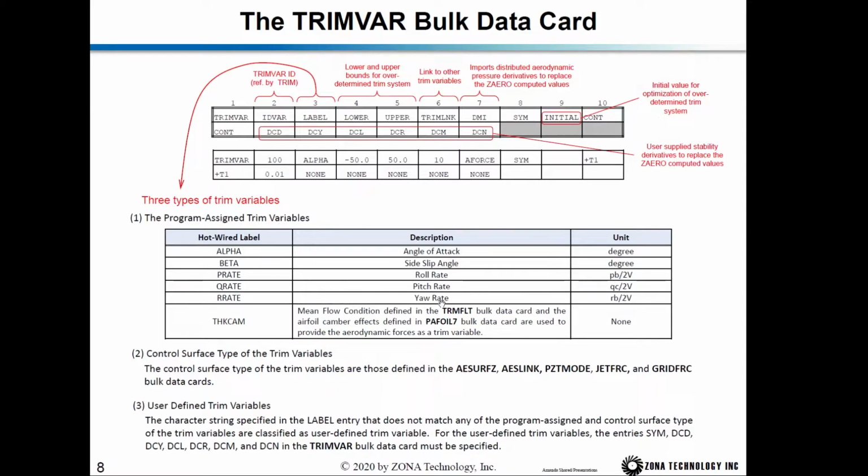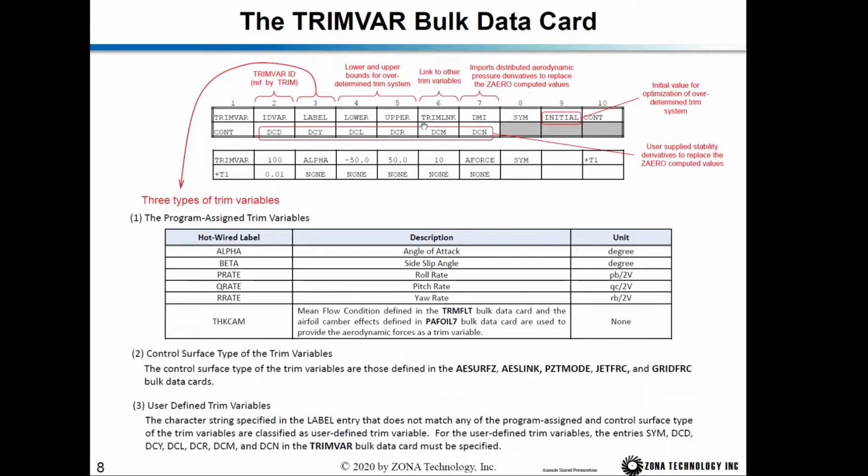R rate is yaw rate, RB over 2V. THKCAM is the mean flow condition defined by the trim flat card, and also the PA 407 for thickness. And then you put the lower and upper bound of the trim variable. This is needed only for overdetermined trim problems.